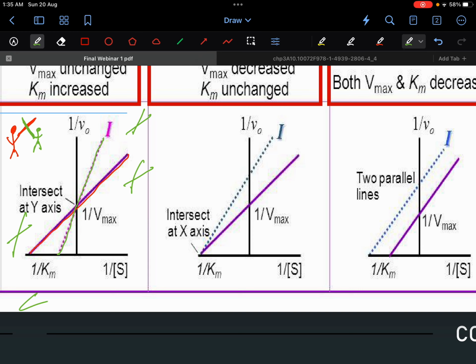This type of graph is competitive inhibition. Okay, now uncompetitive, I will come to the Vmax and Km in a second. Just bear with me. So competitive inhibition, you got it. I think you will never forget the double reciprocal plot of competitive inhibition. It is competition, competing with each other. Okay, for uncompetitive, I will write uncompetitive.